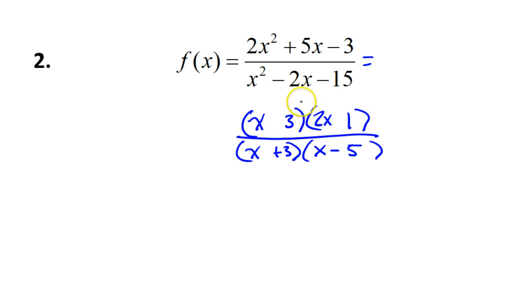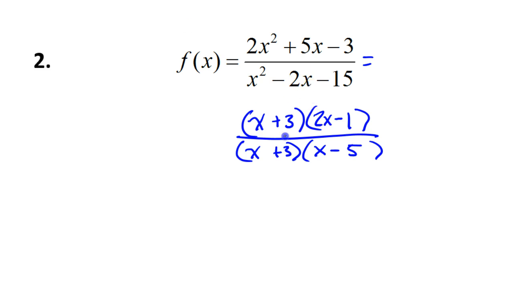Well, inner, I have 6x. Outer, I have 1x. I can get a middle of positive 5 if I have a negative 1 and a positive 6. So I'll have a positive 6 if I make this a positive 3. And here's my negative 1 for the outer. And 3 times negative 1 makes negative 3, so it makes sense. So now I've factored it.